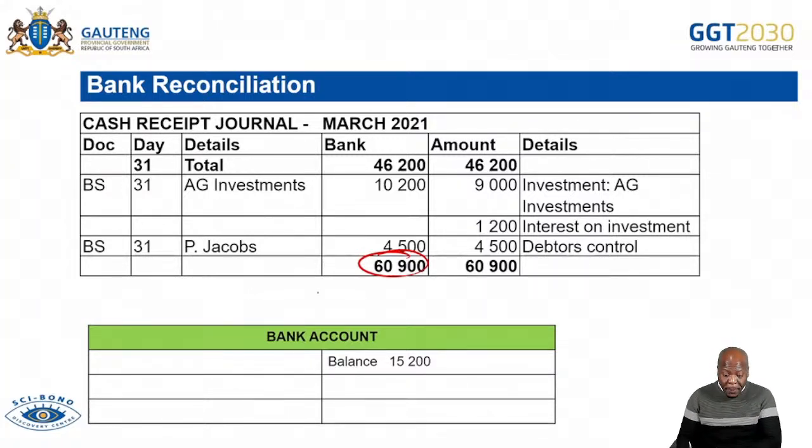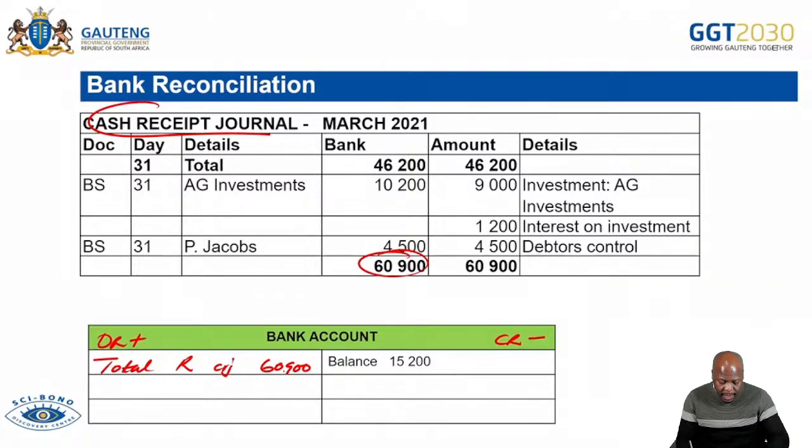So on our bank account, remember, on the debit is a plus, on the credit is a minus. Once we have the cash receipts journal, it comes here. Then I'm going to say total receipts, coming from the CRJ, 60,900. Are we still together?